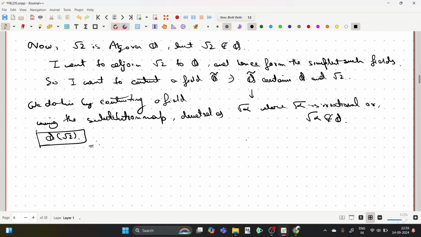Clear? So by our intention, Q round bracket root 2 is the smallest subfield of a given extension of Q such that it contains both Q and root 2.